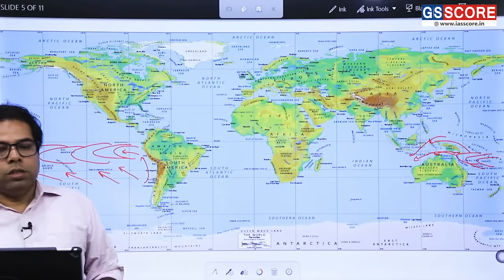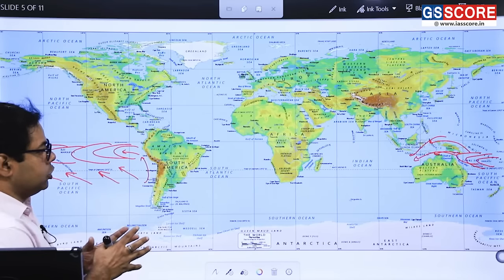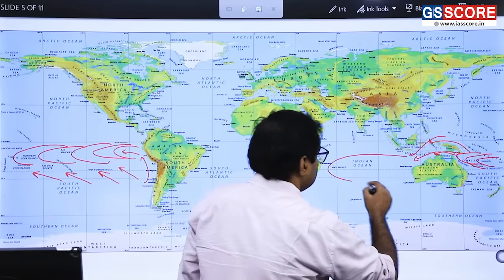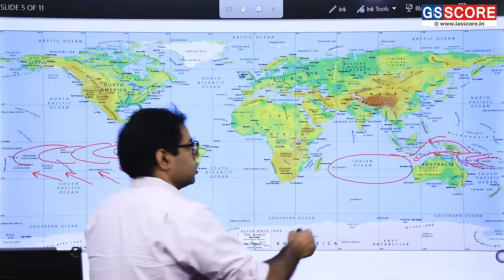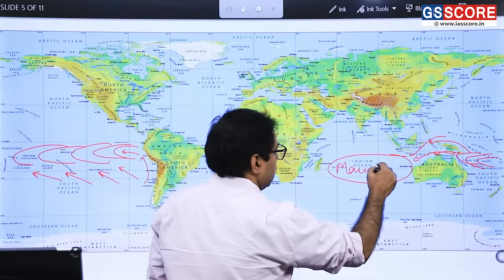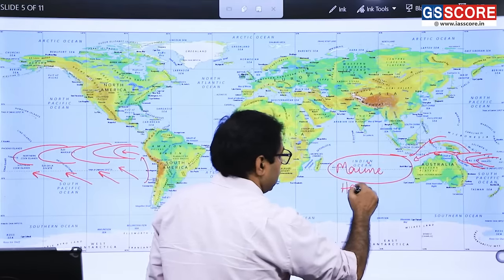So the change in ocean water temperature, or the increase in the ocean water temperature, is responsible for marine heat wave.